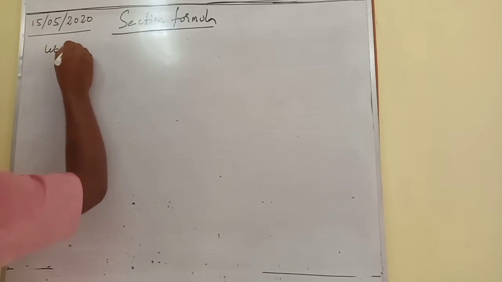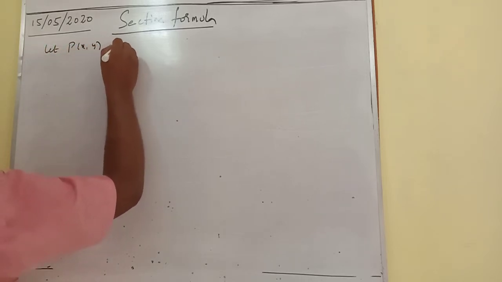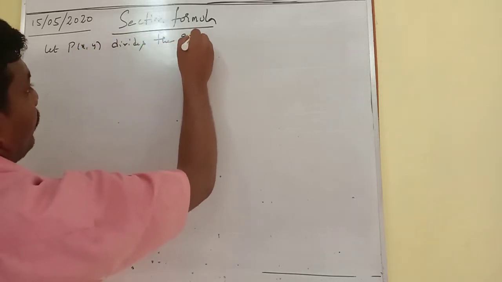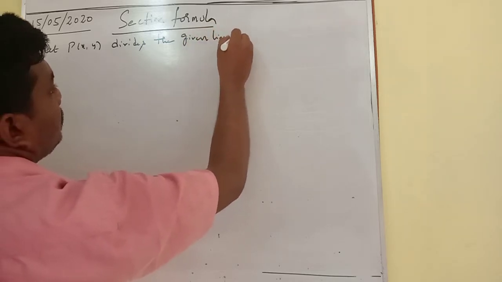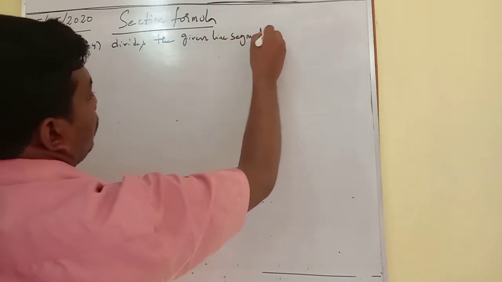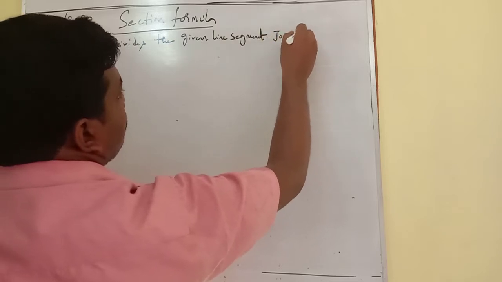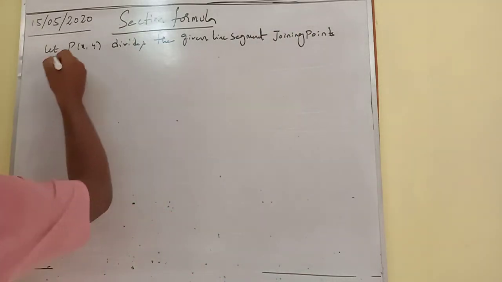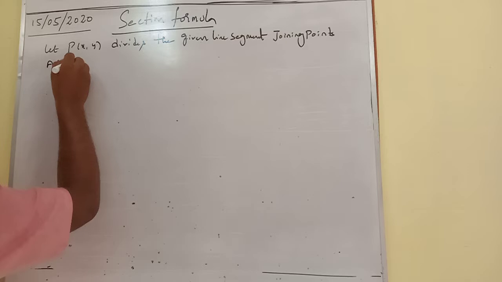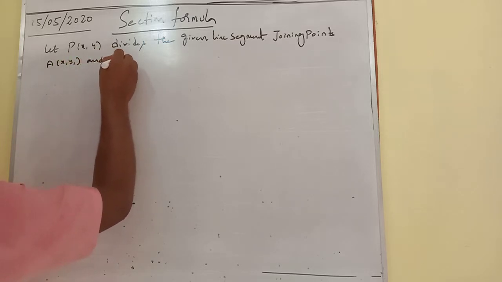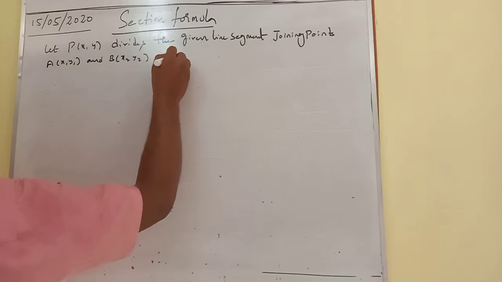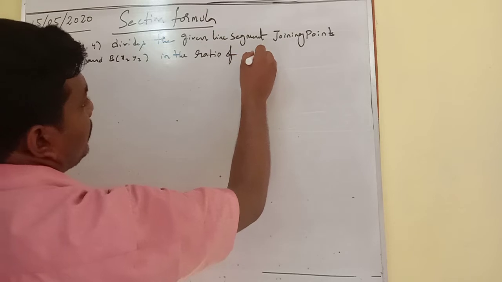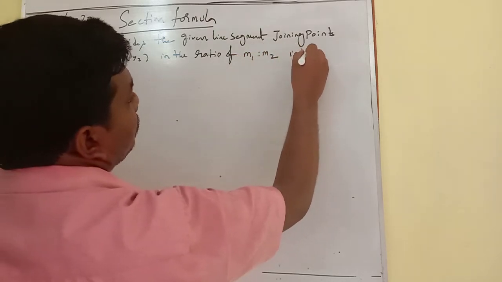Let P of (x, y) divide the given line segment joining points A (x1, y1) and B (x2, y2) in the ratio of m1 is to m2 internally.